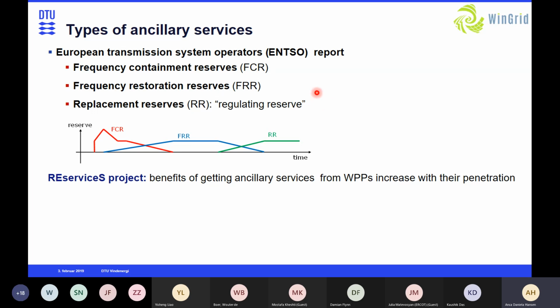Then we have the frequency restoration reserves, which restore system frequency to nominal frequency. And then replacement reserve, which are the reserves used to restore the required level of frequency restoration reserves to be prepared for additional system imbalances.